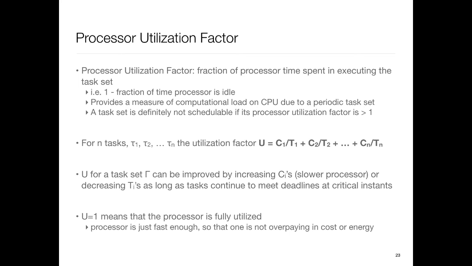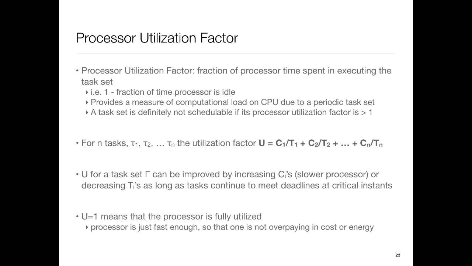So to understand that, the first thing to realize, and something I already discussed, is that I can sum the ratios of C over T. C1 over T1 tells me what percentage of the CPU task 1 needs. C2 over T2 tells me what percentage of the CPU task 2 needs.